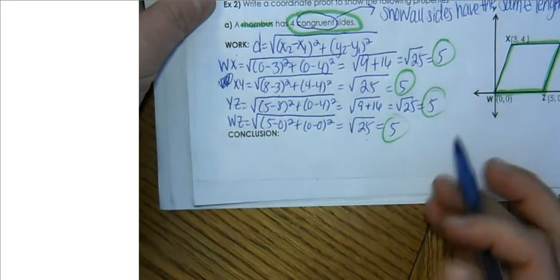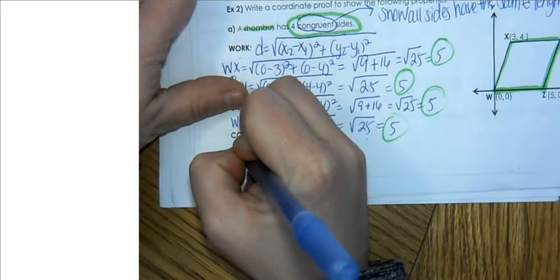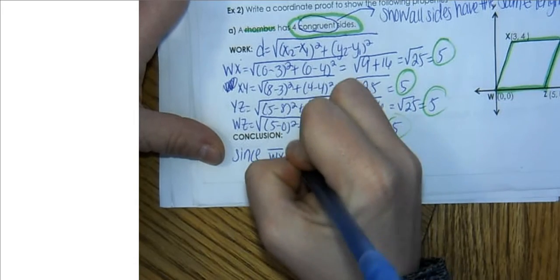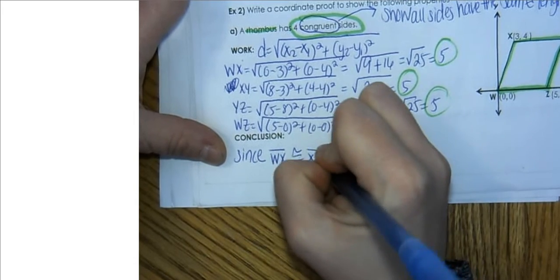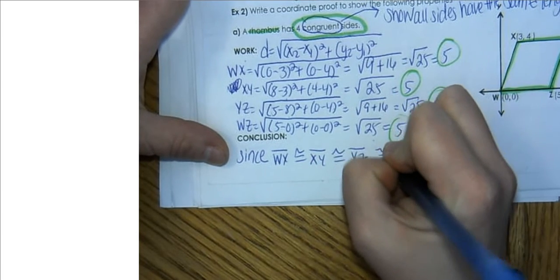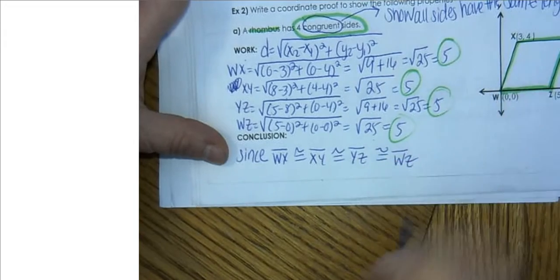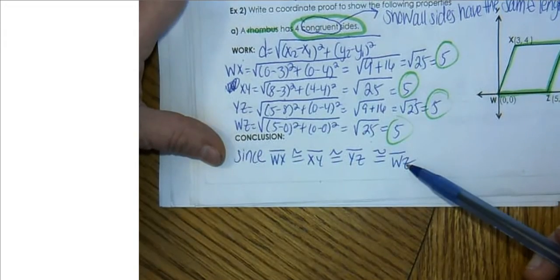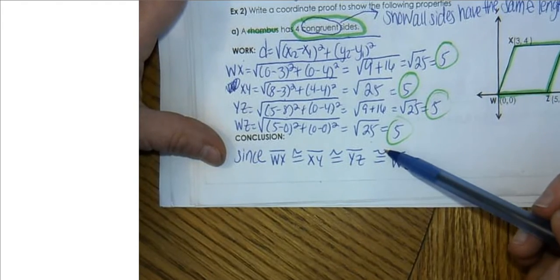So what we're going to write down in our conclusion is, since the segment WX is congruent to segment XY, which is congruent to segment YZ, which is congruent to segment WZ. All I did right here is say that all of these segments are congruent to each other since they have the same length.